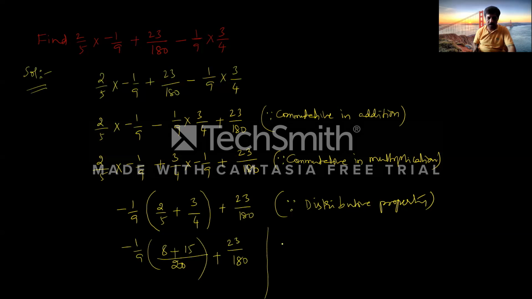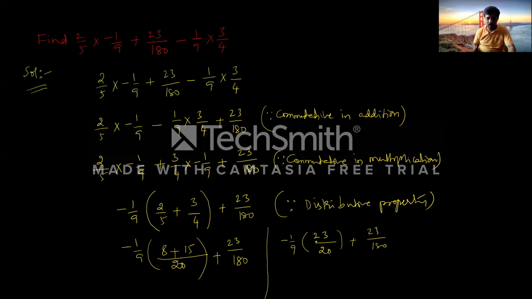Now minus 1 by 9 into 8 plus 15. This is 23 by 20 plus 23 by 180. If you see here, minus 1 by 9 into 23 by 20.